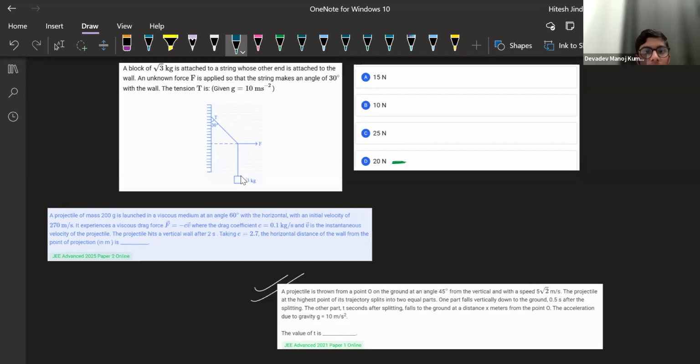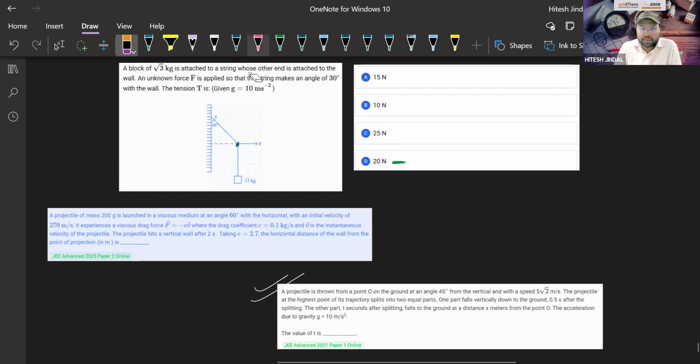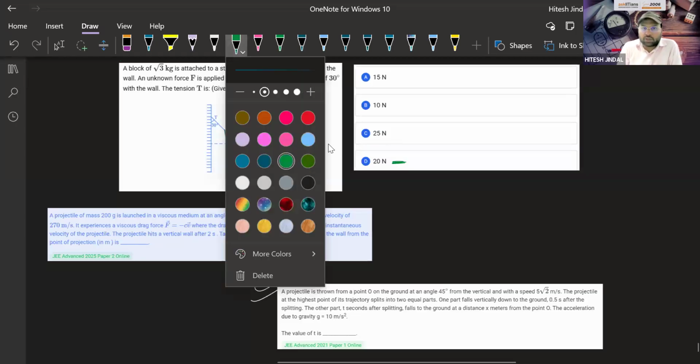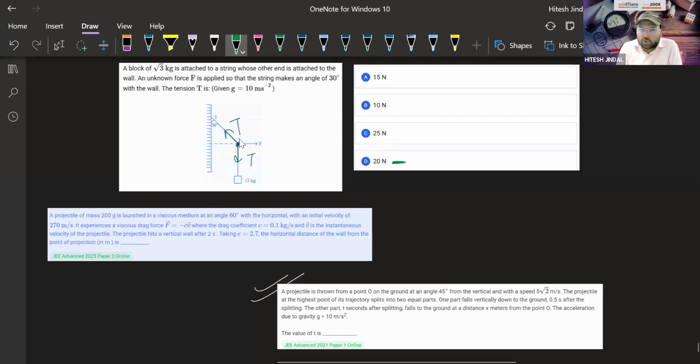Sir, it's one string, right? One string, but let's think of it like that, right? So if tension should be here now, and here tension would be here, right? Correct. There is no other force on it, and this point is not moving.